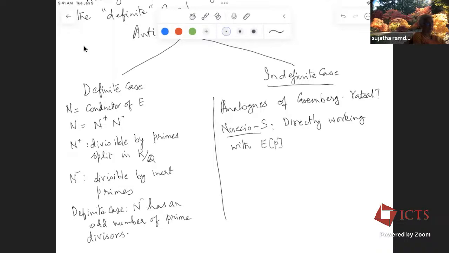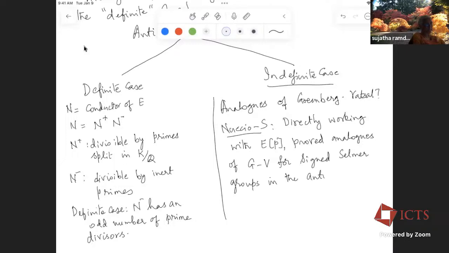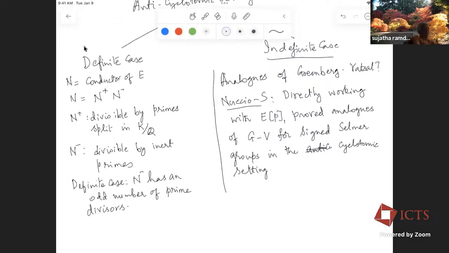The residual representation, we had proved analogs of Greenberg-Wurzel for signed Selmer groups in the cyclotomic setting. And this again was different than the proofs which were in the literature, and we proved more than what was known in the literature. I will not get into this.